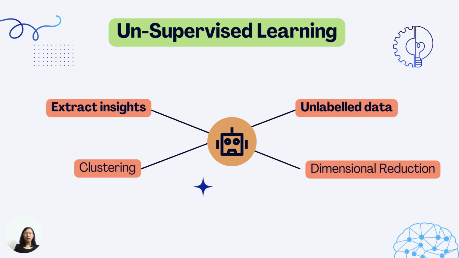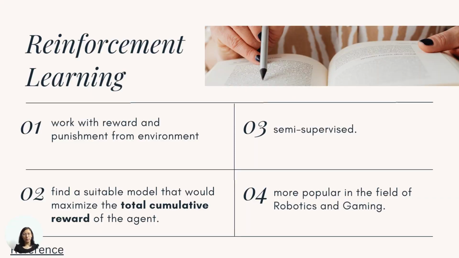Now, last but not least, let's talk about reinforcement learning. As I mentioned earlier in the previous video, reinforcement learning is a semi-supervised learning method, right? It doesn't use labeled data, but it uses environmental feedback, either reward or punishment.